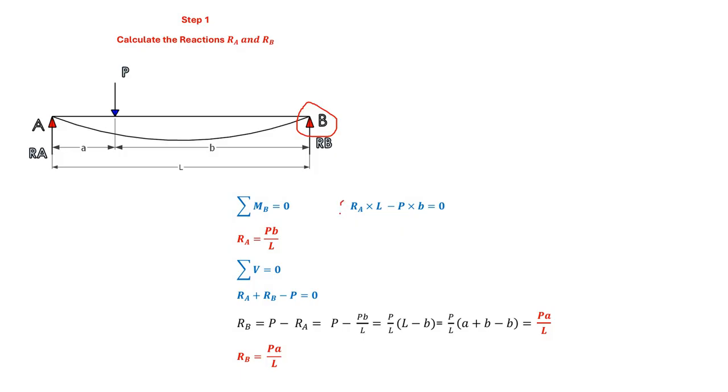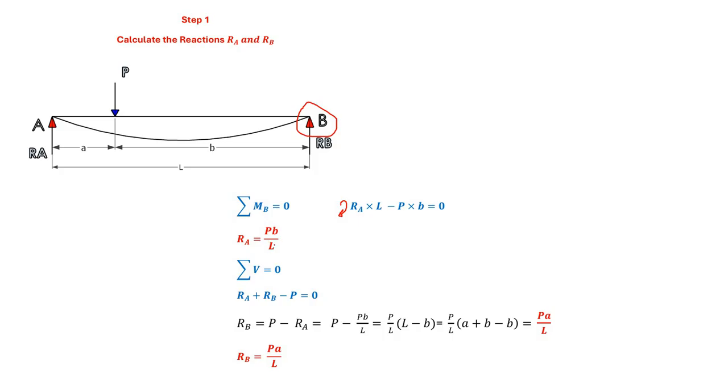So I have taken it to be positive, and that is being balanced by the load P, which is at a distance B from the right hand side support. So writing the equilibrium equation, you have RA into L minus P multiplied by B is equal to 0. So from this we will calculate the value of RA.